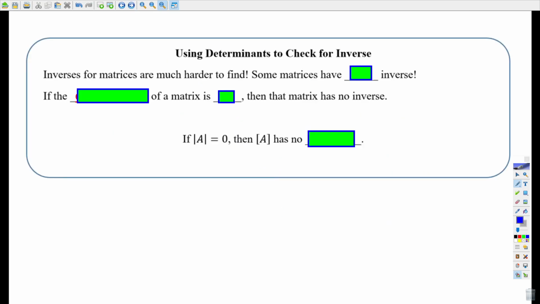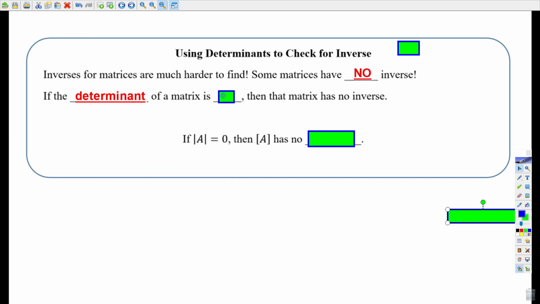We're just going to practice one little thing: checking to see if a matrix has an inverse. Since inverses for matrices are much harder to find, and some matrices have no inverse, we're going to check to see if they have one. If the determinant of a matrix is 0, then the matrix has no inverse.